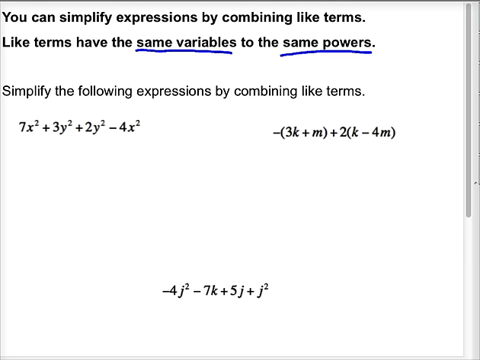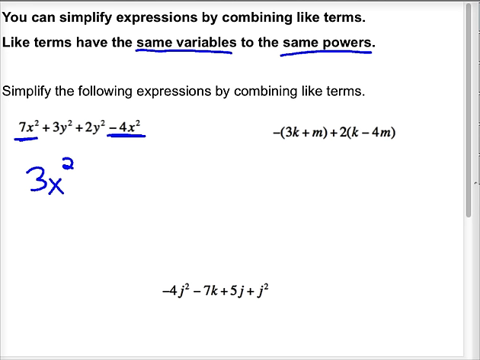Power meaning exponent. So here I have a 7x squared and I see a negative 4x squared. So 7x squared minus 4x squared. So I'm starting with 7 of them and I'm subtracting 4. So that's going to leave me with 3 of them. And what do I mean by them? Well, those x squareds. That's why same variable, same power.